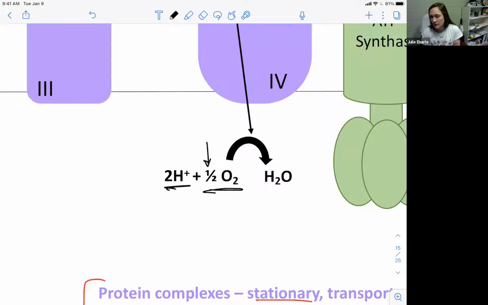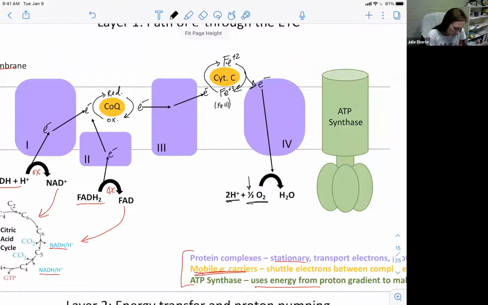But to balance the reaction, we just write it like this. So all of this is going to happen 2 times, and it's going to give us 2 molecules of water. Okay, so that's the first layer. That's the movement of electrons through the chain.